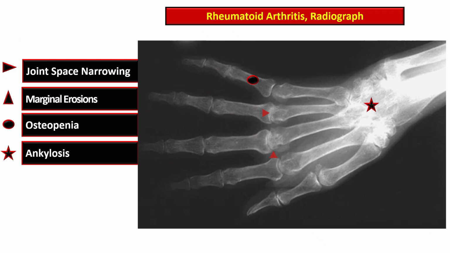This hand affected by rheumatoid arthritis is showing the narrowing of the joint space, with the erosion that is more prominent near the margin, the proximal metacarpal bone especially near the proximal interphalangeal joint, there is osteopenia, and the carpal bones are showing ankylosis.